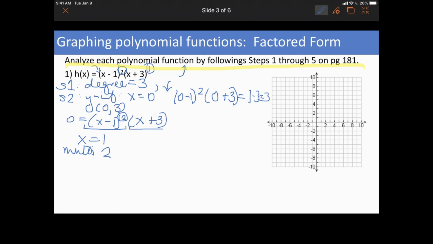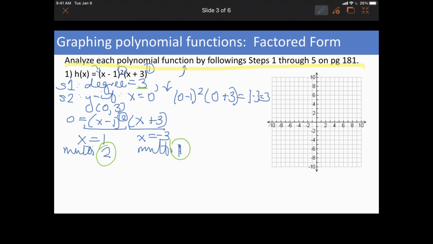And then here, to equal 0, it's going to be negative 3. That's a multiplicity of 1. Okay. Now your multiplicities have to add up to your degree originally. And do they? Yes. 2 plus 1 is 3.